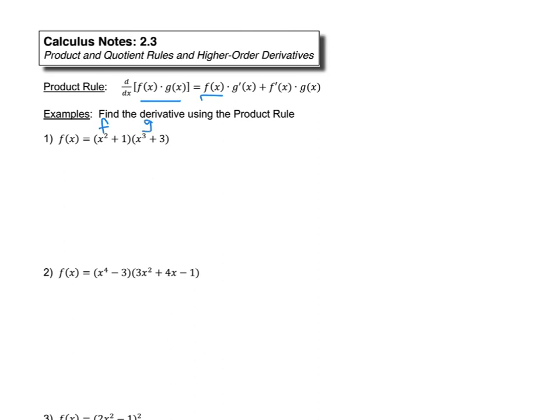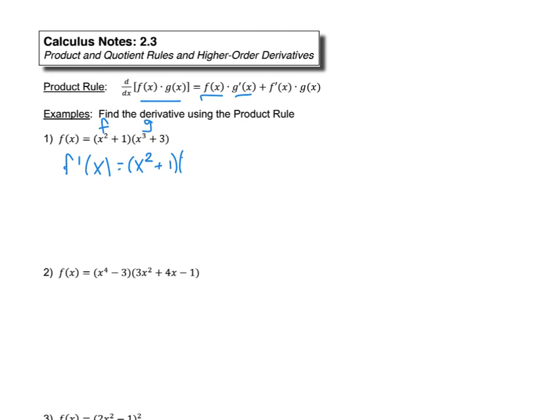So f prime is going to be the original first function, x squared plus 1, times the derivative of g, the second function, which we're just taking the derivative of. That's just 3x squared plus 0.